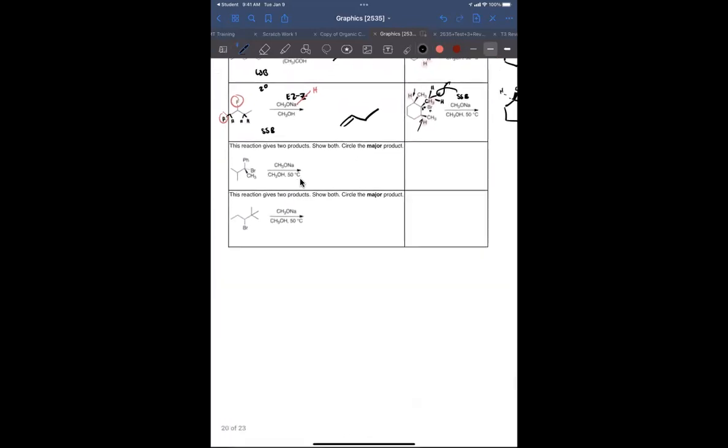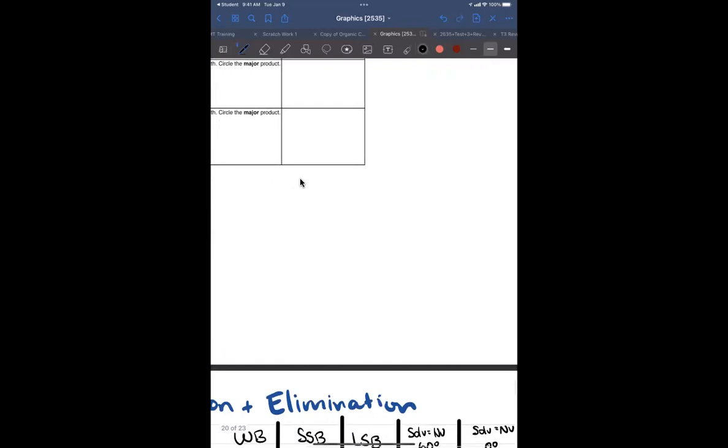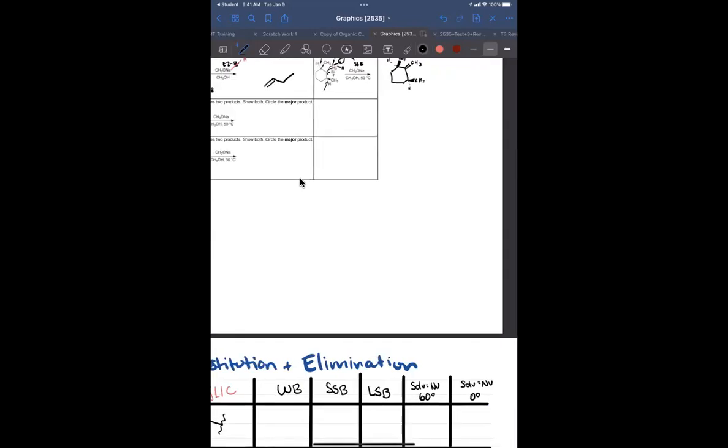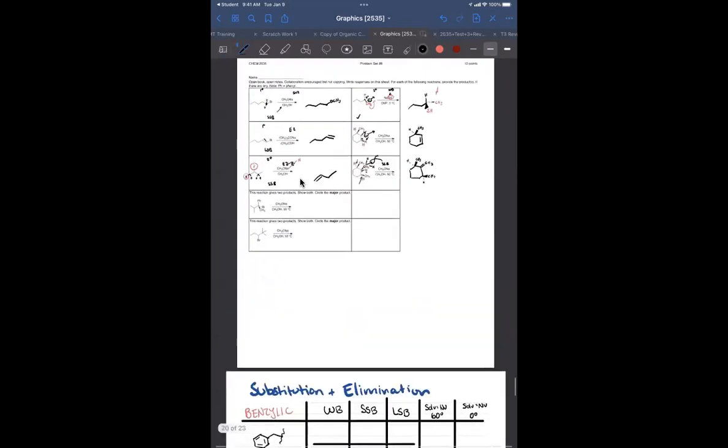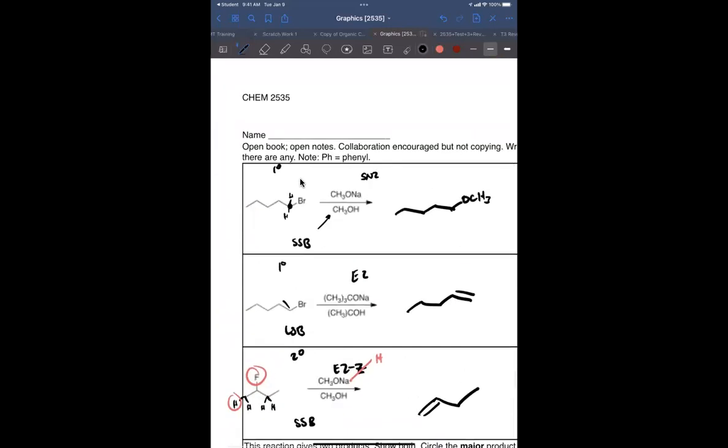All right. Before we move forward, a cool checkpoint to take a look at is making sure whatever compound you have is sp3. Because if you notice for these substitution reactions, that's sp3, sp3, sp3.